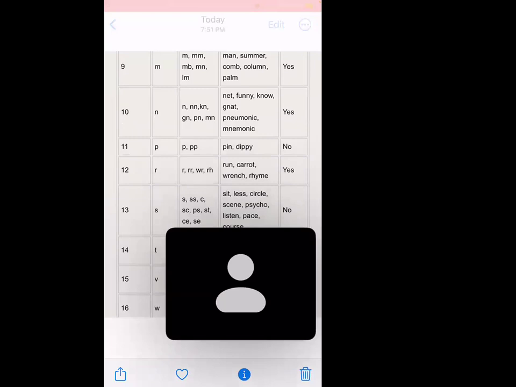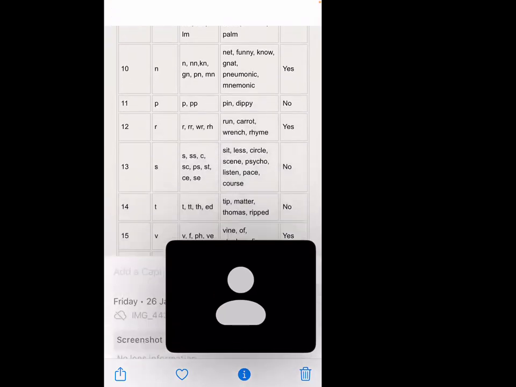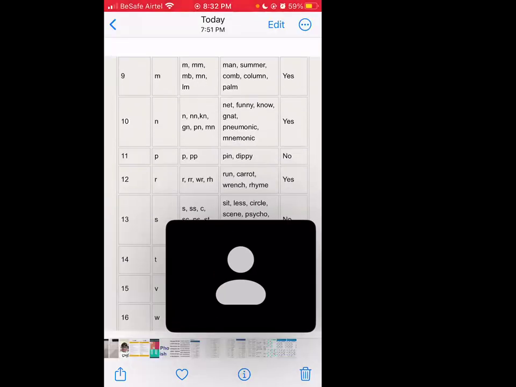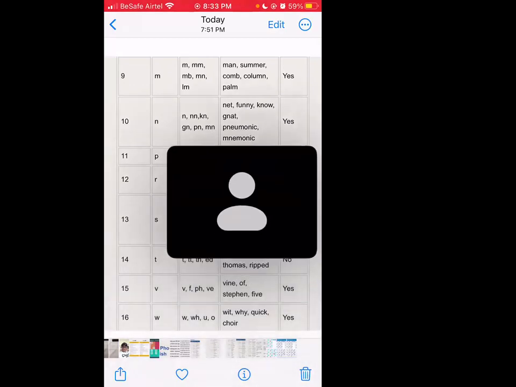Number 12, so you have letters R, WR, RR, RH. Now words like run, carrot, wrench. Yes, this sound is voiced.